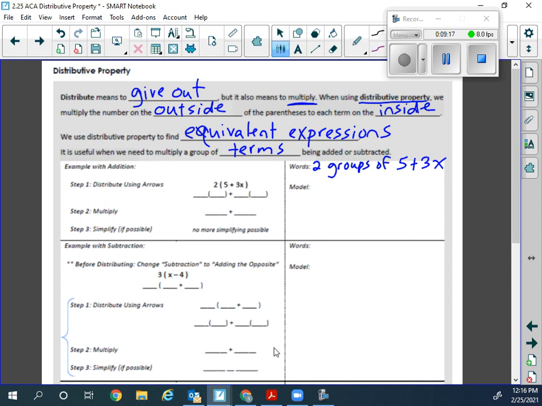Our model was 5. Now, I draw circles simply because they take less time. And 3 x's. I put x's on those. And I need it twice.